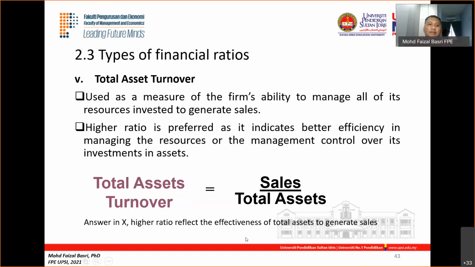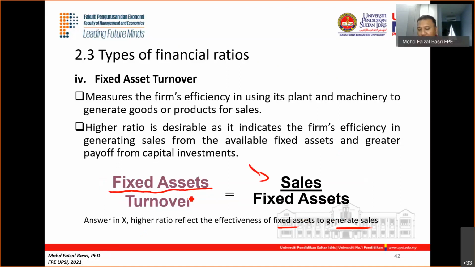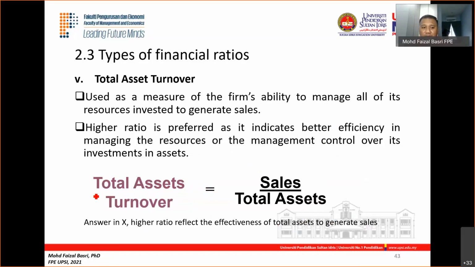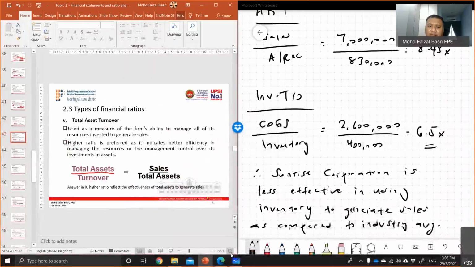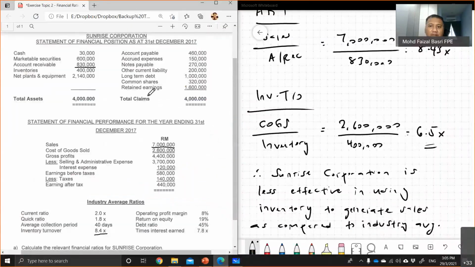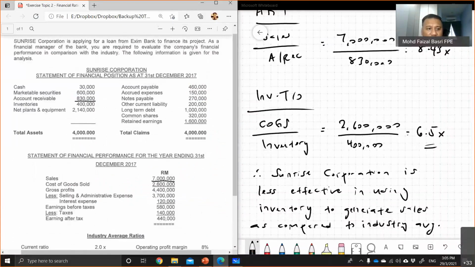And lastly, total assets. Fixed asset means just the fixed asset portion, not the current assets. For this part, we just pick directly from the statement of financial position. For total asset turnover, we use this part, 4 million. For fixed asset, we just use this part, 2.14 million.